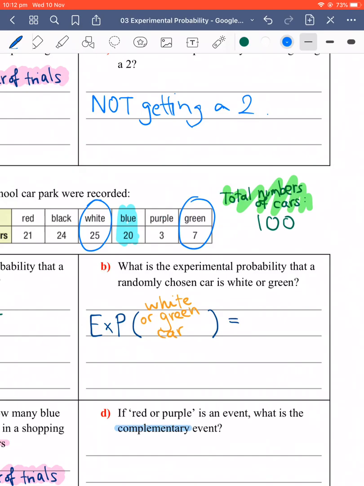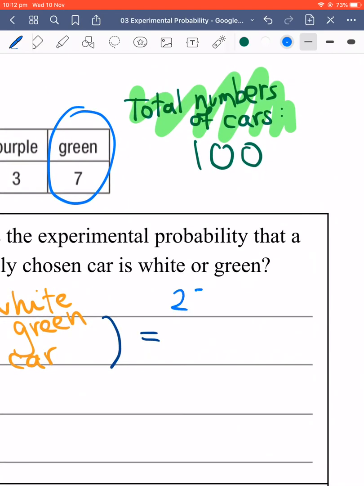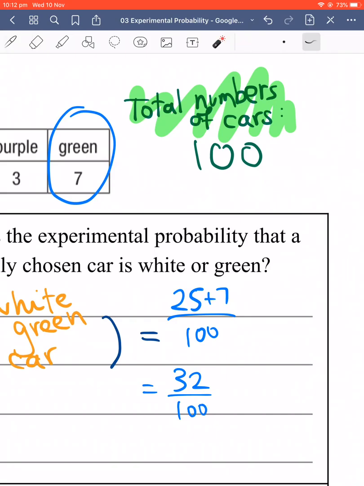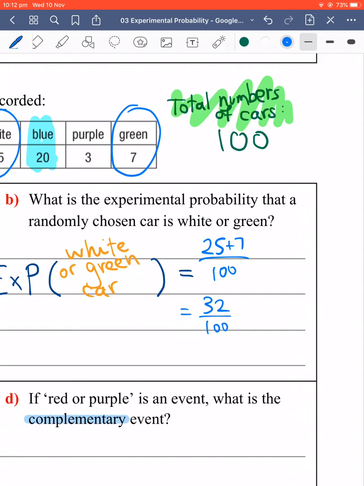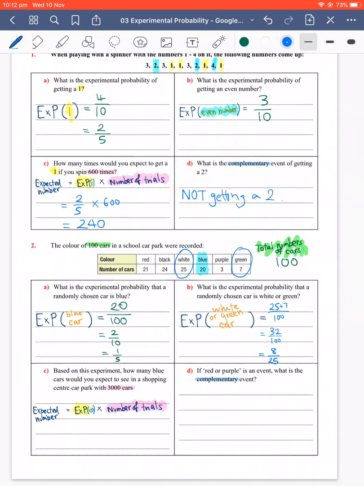So if I add, 25 plus 7 over my total, which was 100 cars, I end up with 32 over 100. Again, that's my probability, but I need to simplify if I can. And using your calculator, you end up with 8 over 25 as your answer.